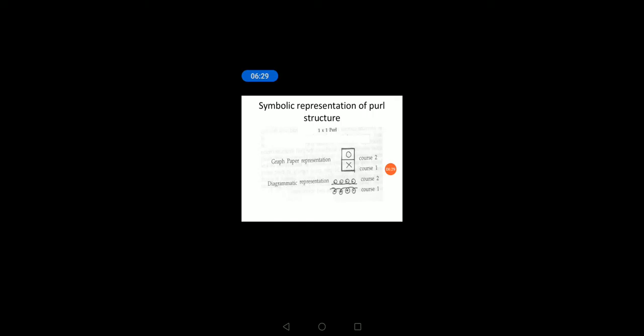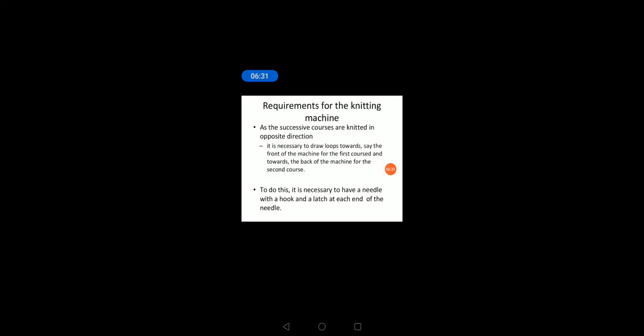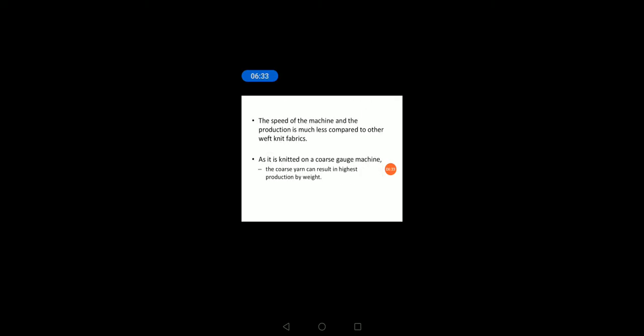It is capable of doing many things with purl structures, and the requirement is very high latch needle machines as compared to other weft knitting machines. It is used mainly by high commercial producers only.